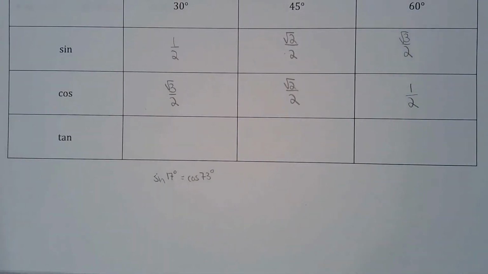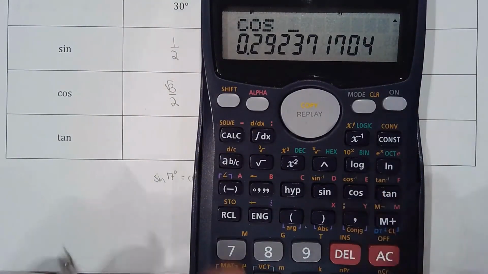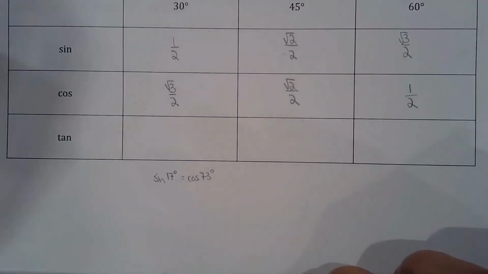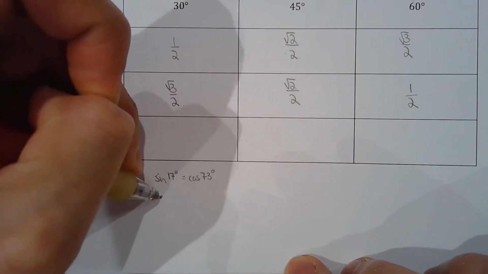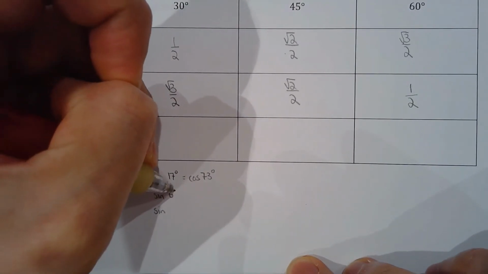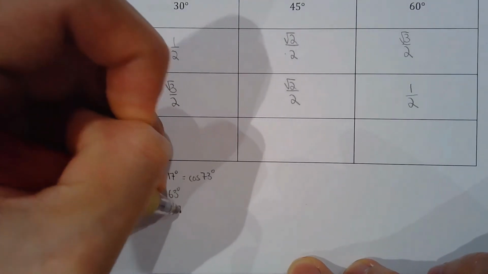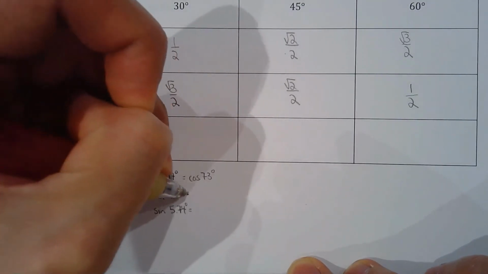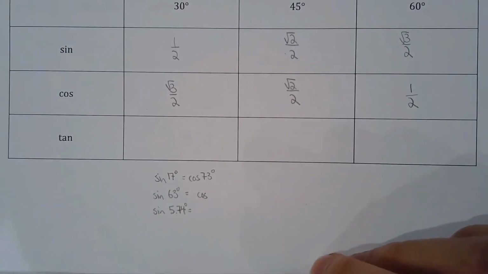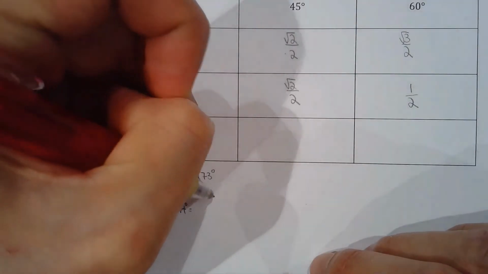Let me check. Sine of 17, and cos of 73. Hey, what do you know? Then you can pick some other angles you want. Let's pick some weird ones. I don't know, 63. And another one, something weird, 5.74 degrees. So what is equivalent to sine of 63 degrees? That's going to be cosine of 27.